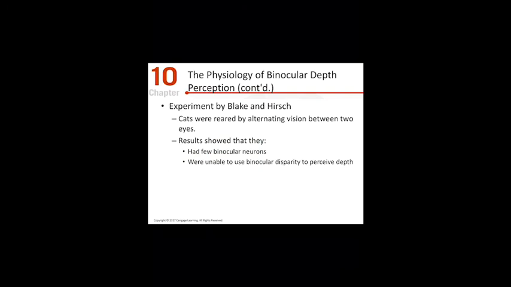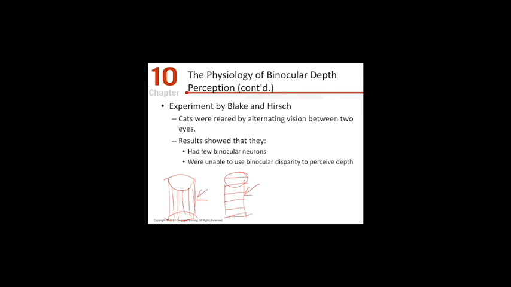Blake and Hirsch is the team that did the other cat experiments, where they selectively reared cats in an environment with just horizontal lines, and then an environment where they were exposed to just vertical lines. I said that backwards. These are the vertical lines and these are horizontal lines.